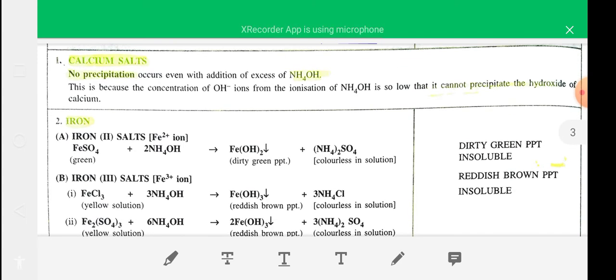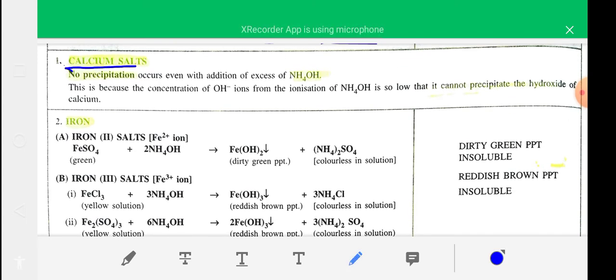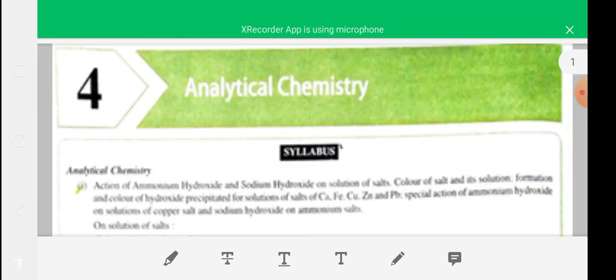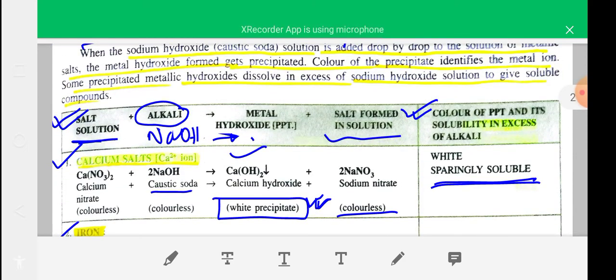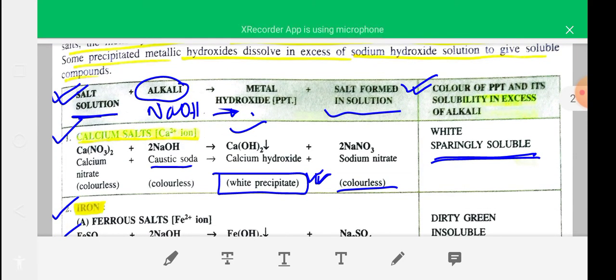So when calcium salts are treated with ammonium hydroxide, you will get no precipitate. But when calcium salts are treated with sodium hydroxide, you will get a white precipitate of calcium hydroxide.